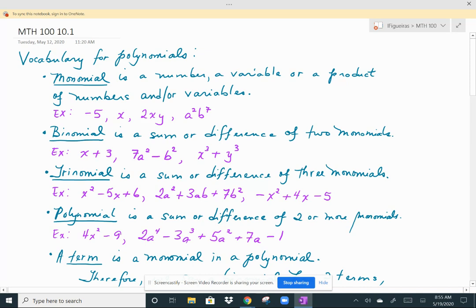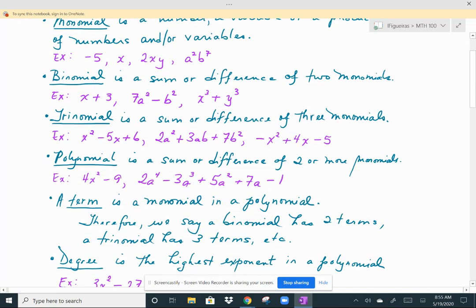And then finally we get to a polynomial. A polynomial is a general expression for the sum or difference of two or more monomials. So it could be a binomial, could be a trinomial, or it could have more than three terms. For example, the ones I listed here, 4x squared minus 9 is a polynomial as well as a binomial.